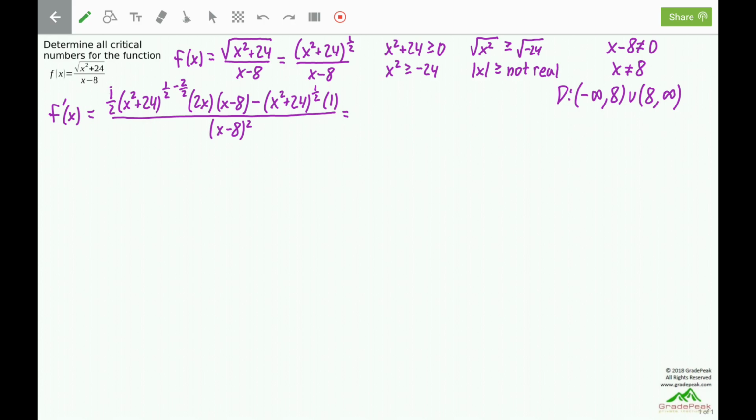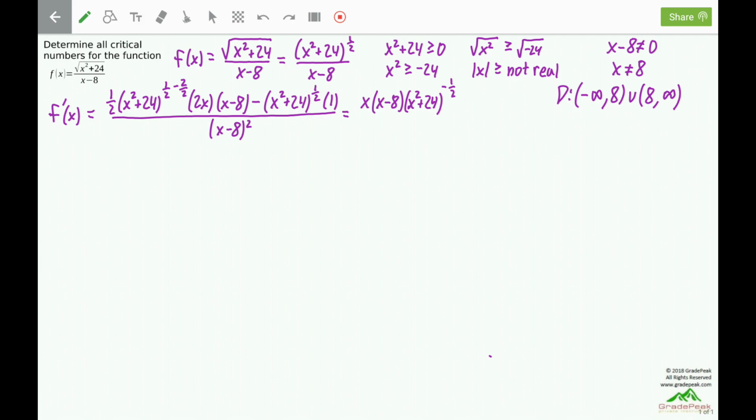For the first term in the numerator, we can collect together the constants. Everything's multiplying each other here, so we can put those together. 1/2 times 2 is 2/2, or 1. There's also an x and an x minus 8 that can move to the front of it. And an x squared plus 24, that'll be to the 1 minus 2, negative 1/2 power.